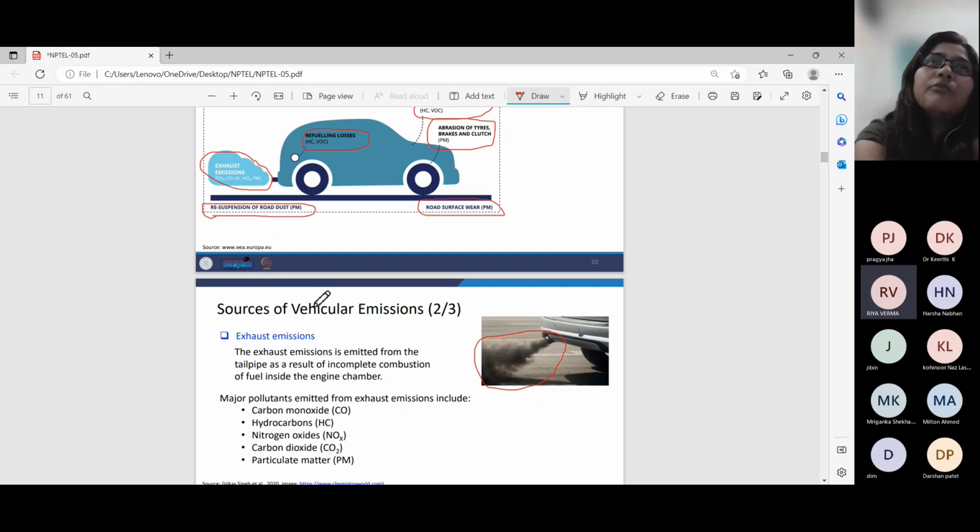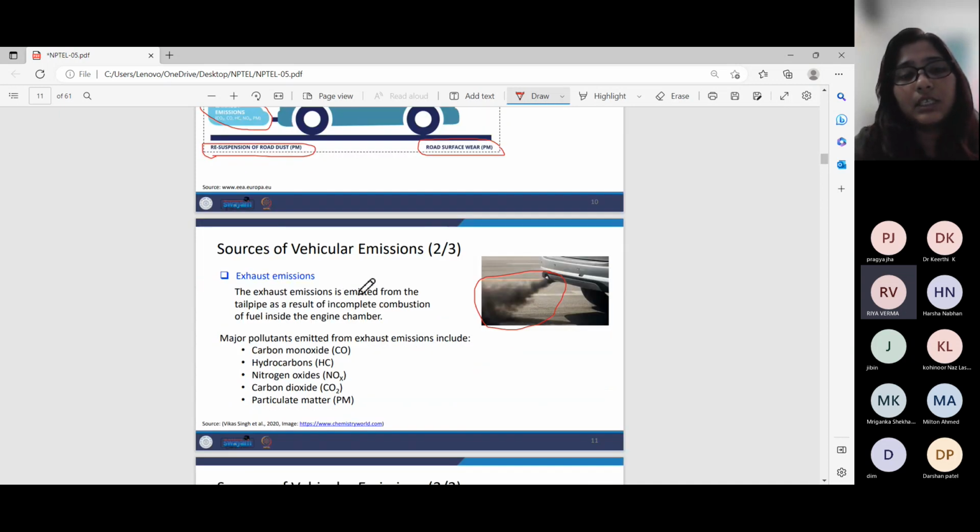What is generally observed is that the emissions from a diesel car are comparatively more than from a petrol one. And when the vehicles are older, the emissions are also more. The major pollutants emitted from exhaust emissions include carbon monoxide, hydrocarbons, nitrogen oxides, carbon dioxide, particulate matter, etc.